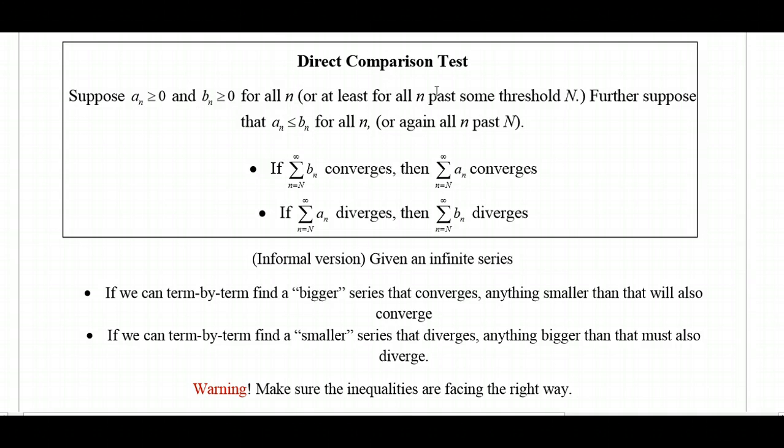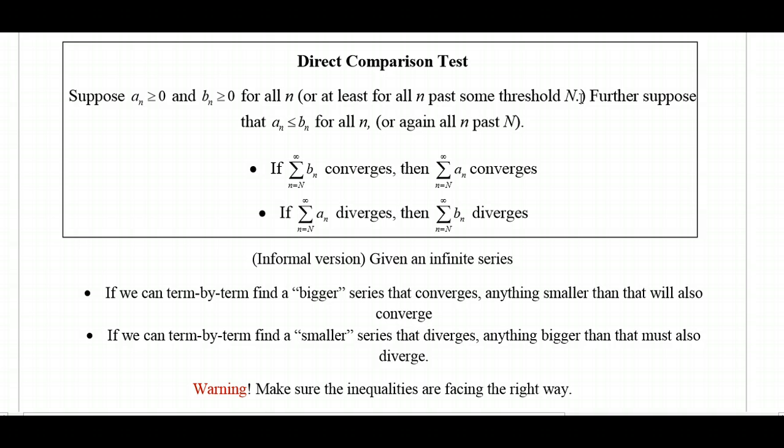But this portion right here, and it's going to be included pretty much for every test from here on out, we only really care about what happens toward the end of the series. So if the first couple of terms happen to be negative, but then for the rest of the time, we care about what happens towards the end, for all n past some threshold n, big N. So if the first 10 terms are negative, the threshold value, big N, would be 10, but from the 11th term on, they're all positive.